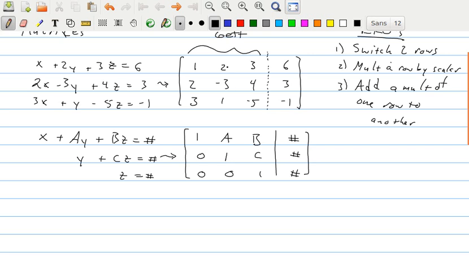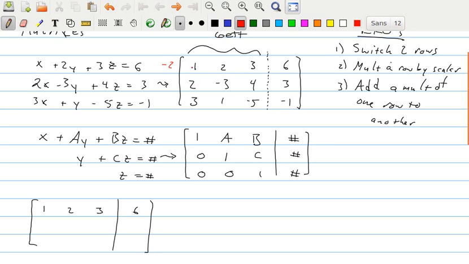So let's take a look at this example and see if we can do that. Our goal is to get a 1 in the upper left, and we have that. So I'm just going to copy that row: 1, 2, 3, and 6. Now in the second row, we need to get a 0 here. To zero this out, I'm going to multiply the top row by negative 2 and add it to the second row.